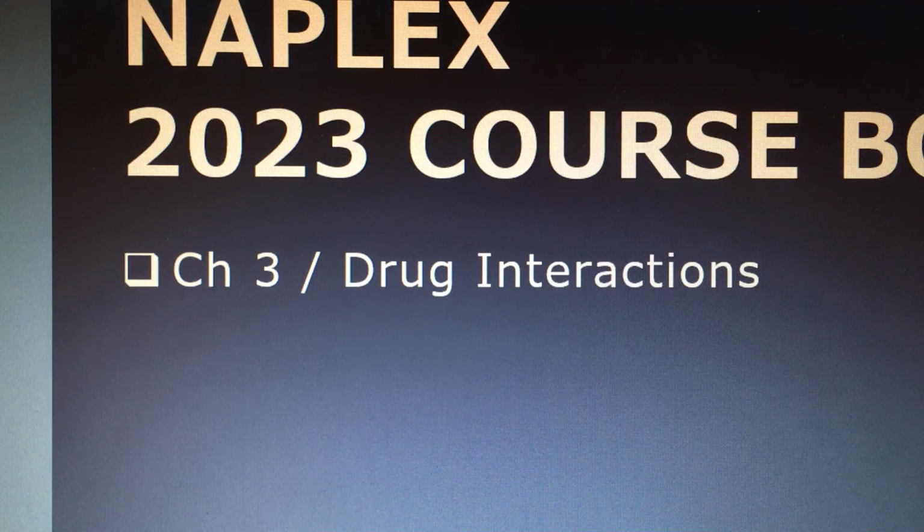Common drug interactions. Drug interactions are an important part of pharmacy practice. This chapter will cover drug interactions that involve major drug classes, for example, central nervous system depressants or drugs with specific properties like QT-prolonging drugs.